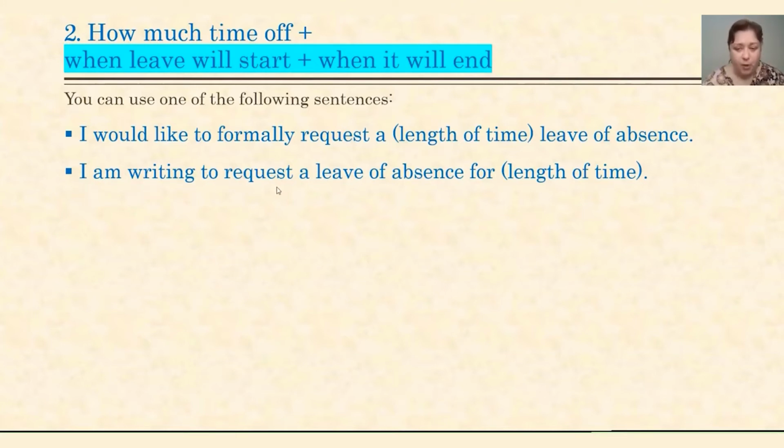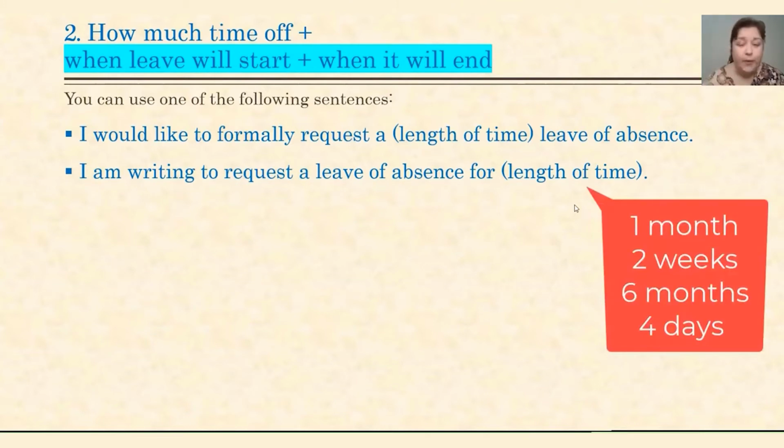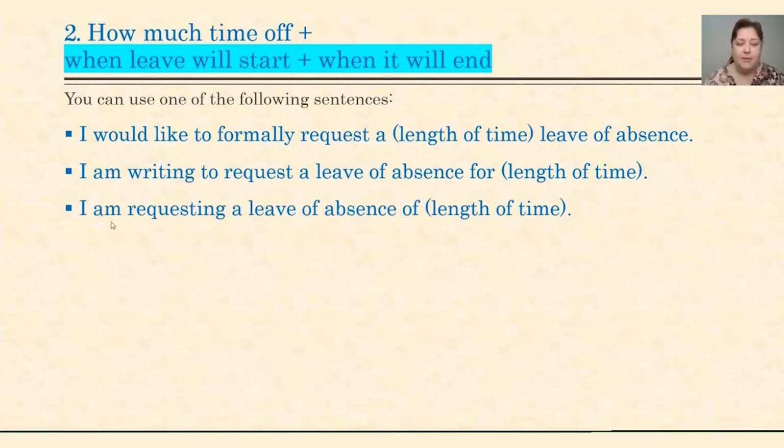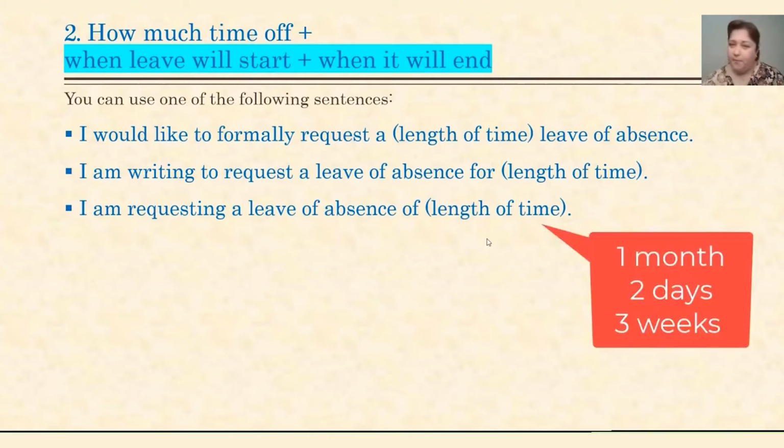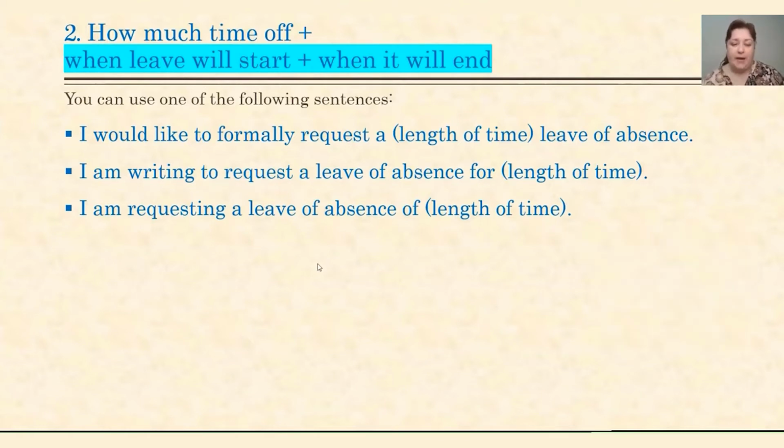I am writing to request a leave of absence for 1 month, 2 weeks, 6 months, 4 days, anything that you want. The next one, I am requesting a leave of absence of, again, you need to tell them how long, 1 month, 2 days, 3 weeks, anything that you like. All three of these sentences mean the same. They do the same job. So you can choose one of them. And that's how we say how much time off we want.